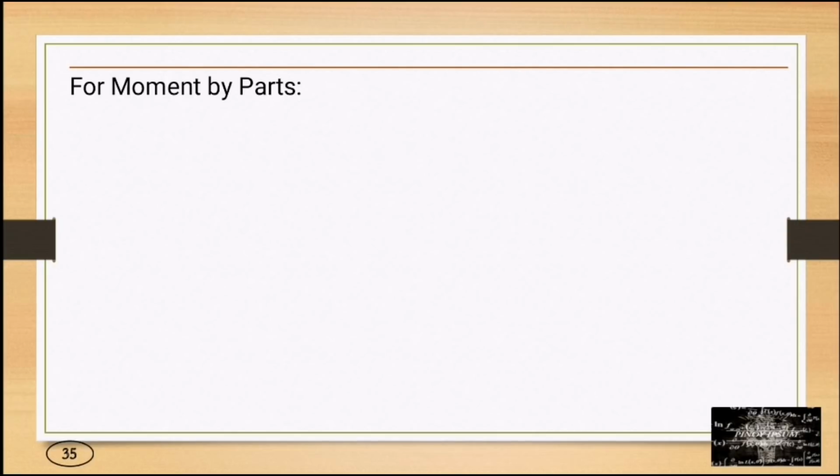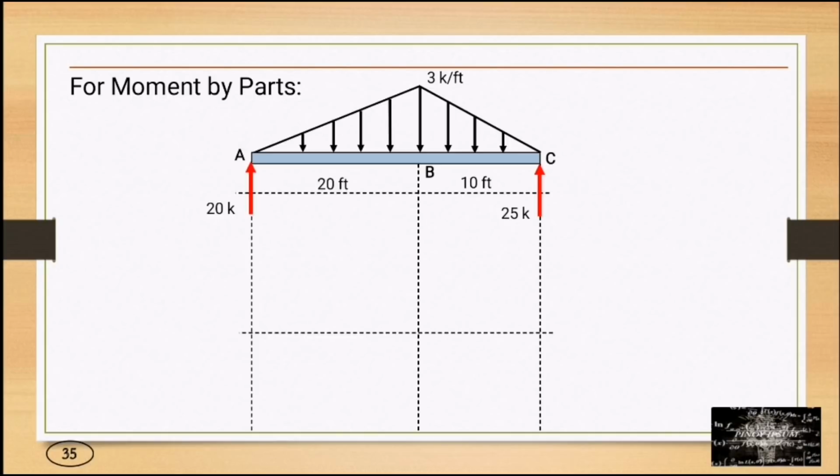For moment by parts, we take the resultant moment at point B. For the 20 kips reaction, it is a triangle, so we have 400 over EI. For the 25 kips reaction, it is still a triangle, so we have 250 over EI.